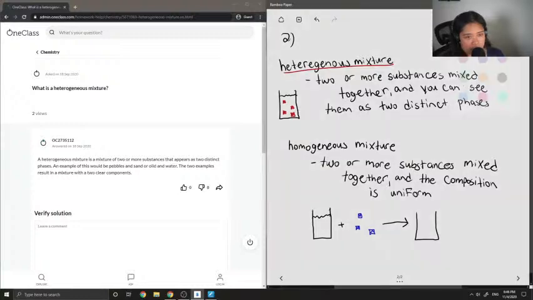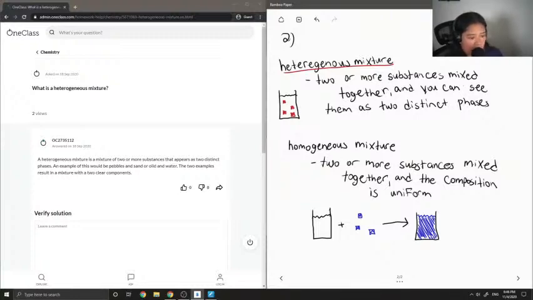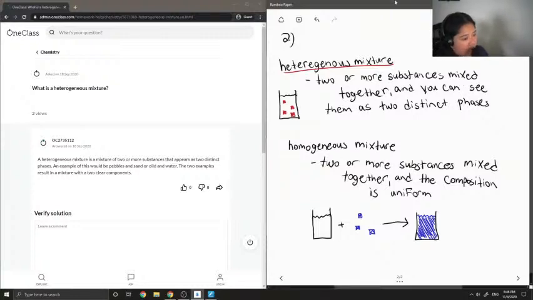When you have a homogeneous mixture, you can't differentiate the two, and those cubes will fully dissolve and you just get a single phase. So there's no distinct two phases. When you mix them, they just mix in well.